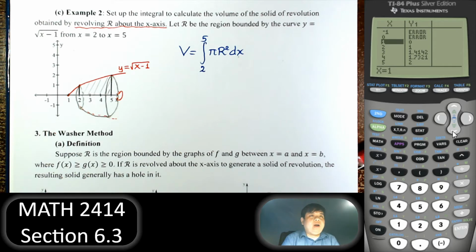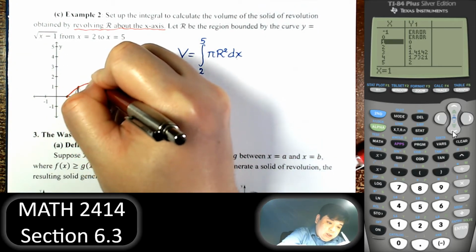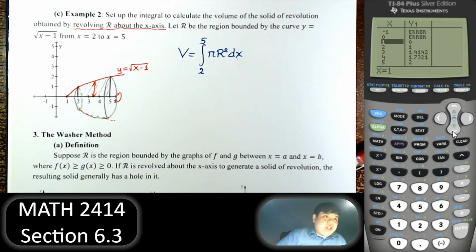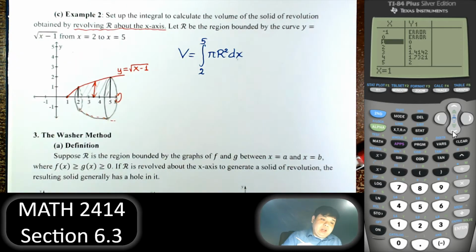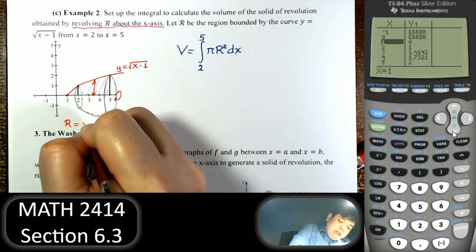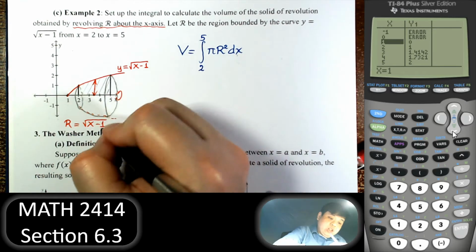Simple enough, right? Now, how to determine the radius? So the radius is from the axis of rotation to the edge of the graph. So the function above minus the function below, and so the radius is going to be square root of x minus 1 minus the function below, which is 0.